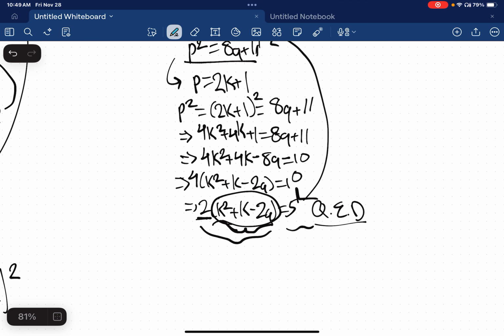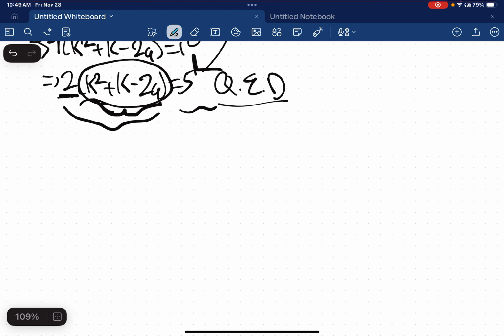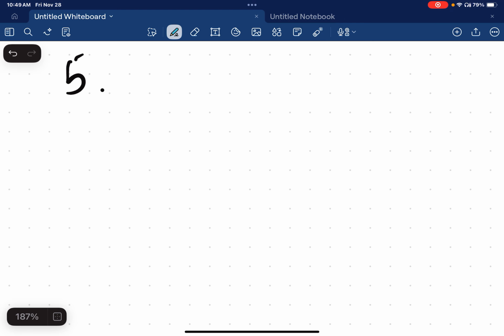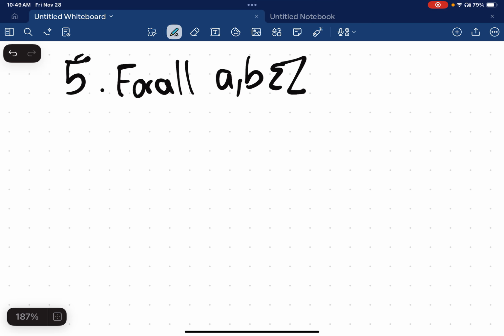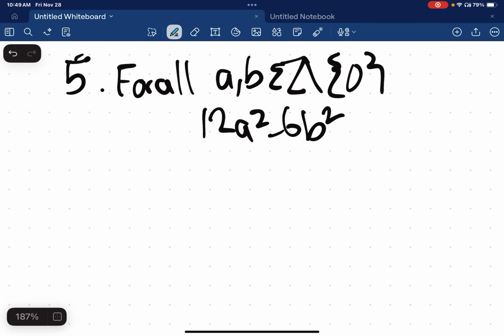Okay, number 5. For all a and b, which are elements of the integers excluding 0, for all non-zero integers, 12a squared minus 6b squared does not equal 0.